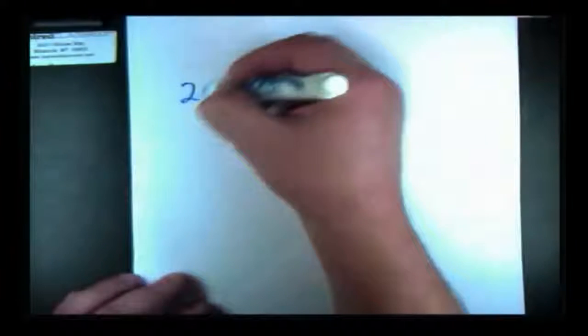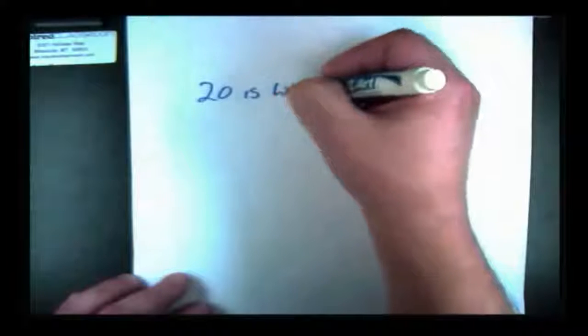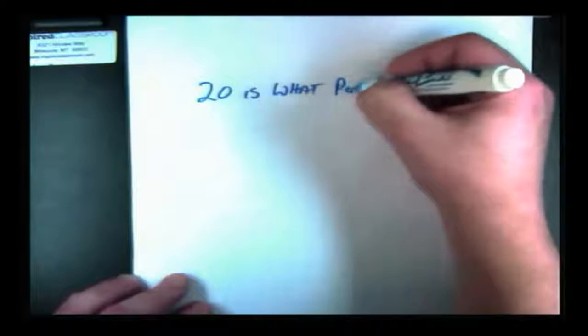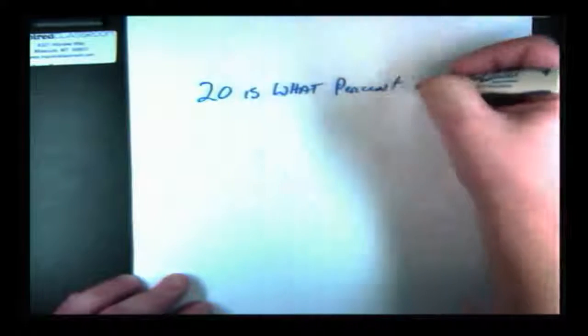So there's like, what is 10% of 110? 20 is what percent of... There we go. That's what I was thinking. 20 is what percent of 50? So if I have a question like this, 20 is what percent of 50?